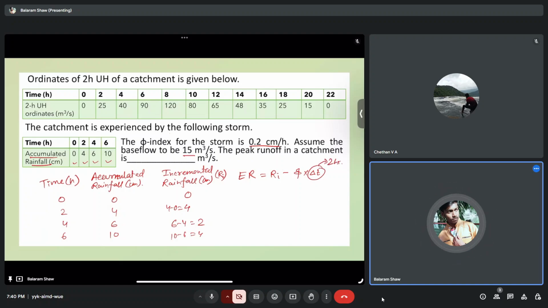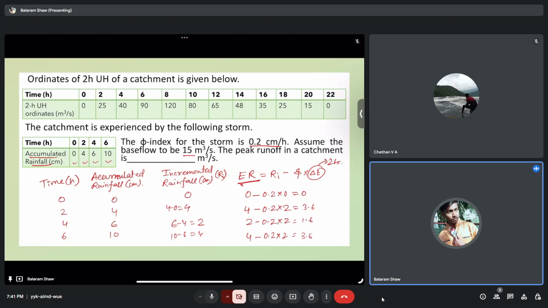So the first one will be 0 minus 0.2 into 2, it will be 0 only. Then 4 minus 0.2 into 2, that is 3.6. 2 minus 0.2 into 2, that is 1.6. And 4 minus again 0.2 into 2, that is 3.6. Okay, so we have got the effective rainfall now, right?